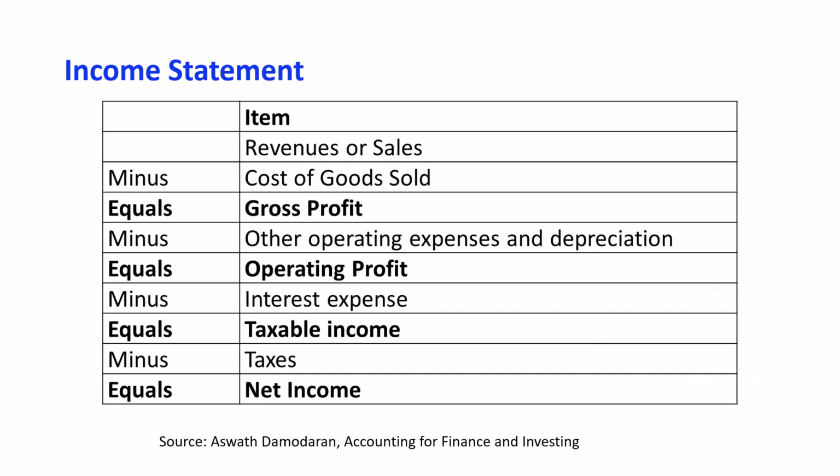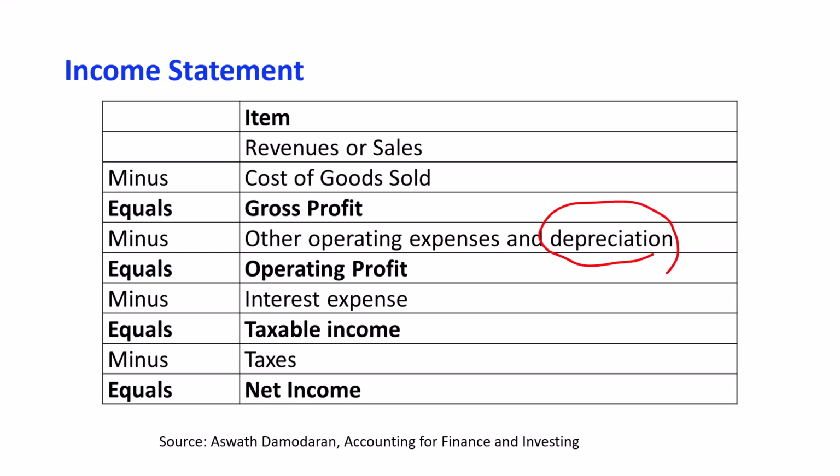Here is an example of an income statement. I write it this way because I want to emphasize that the order matters here. You usually start with your revenues or sales, and then you subtract the cost of your operations, cost of goods sold. And then you end up with gross profit. And then you have other operating expenses and depreciation.